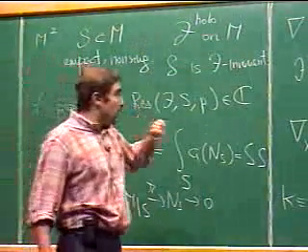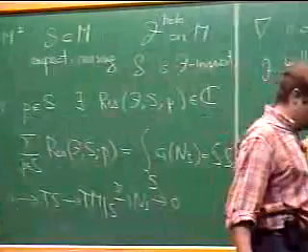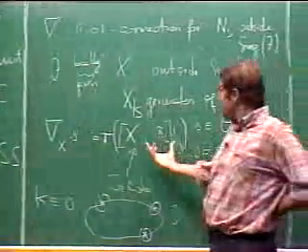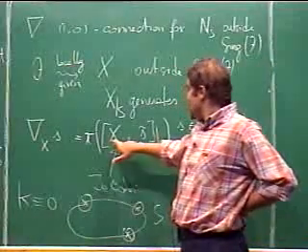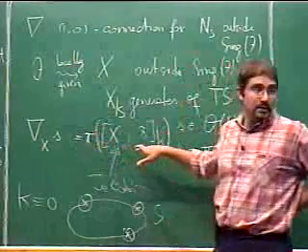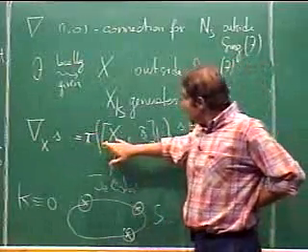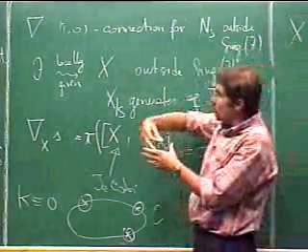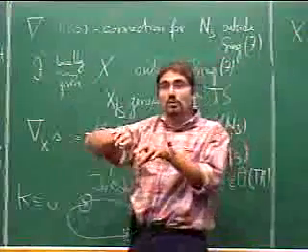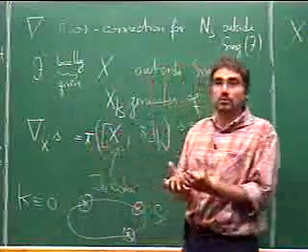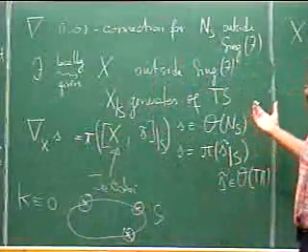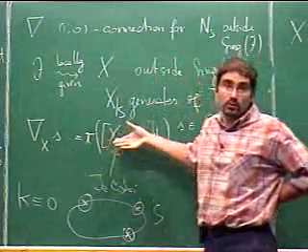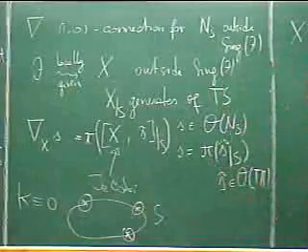Okay, so why did I give this proof? Because from this proof you see that what is really essential for this to work is the fact that X is not defined on all of M, or in an open neighborhood of S, but it is just defined to some first order. So let me say it better.